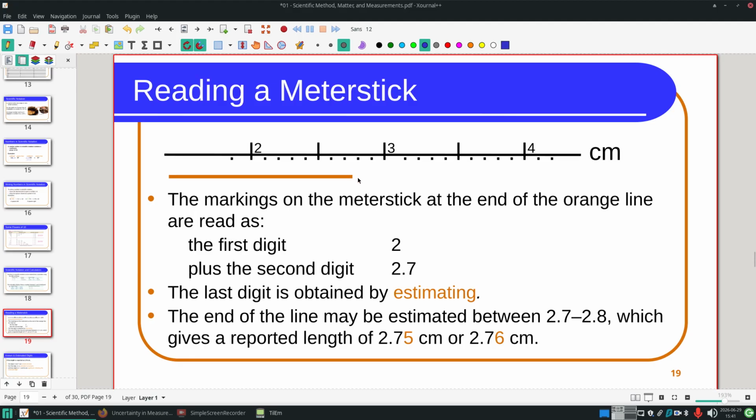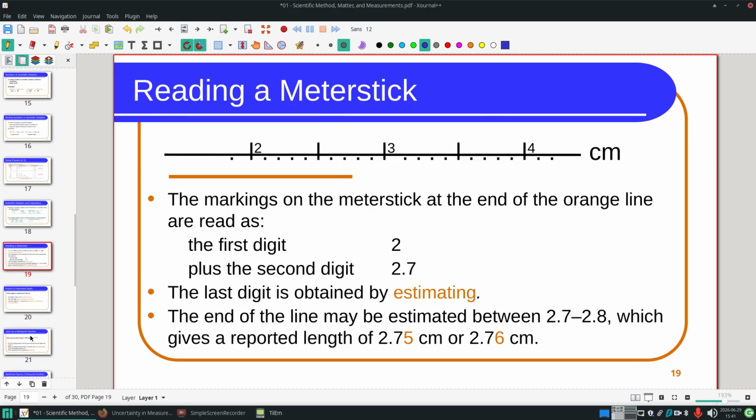But in science, I don't want to leave it like that because that's like saying it's right there on that line, and it's clearly not. So we're always going to leave an estimated digit on there. So this one, since it's almost right between, 2.75 makes sense. That estimated digit is critical because it shows me how well we do know that.